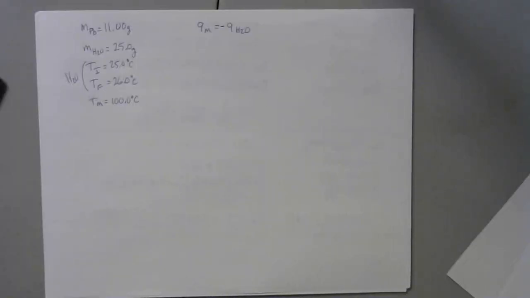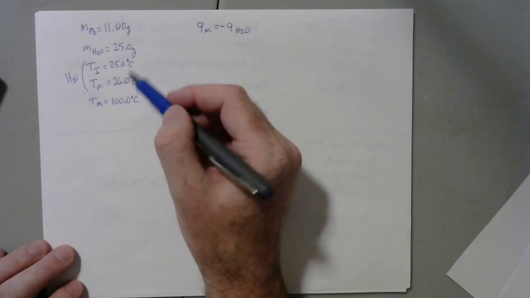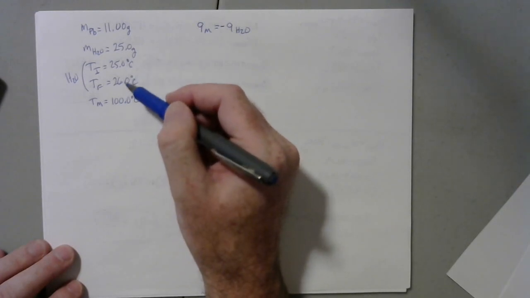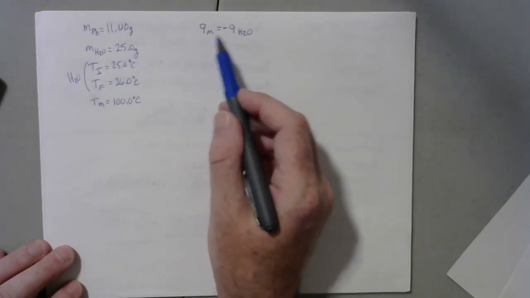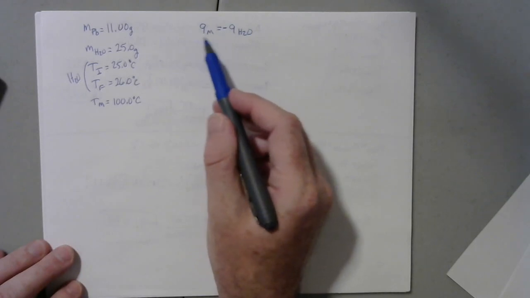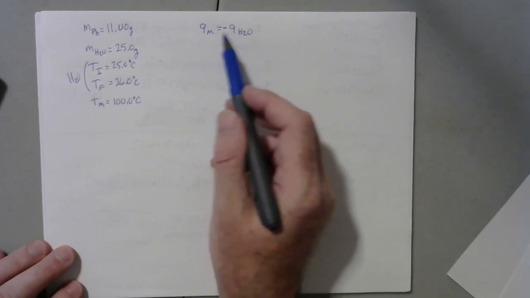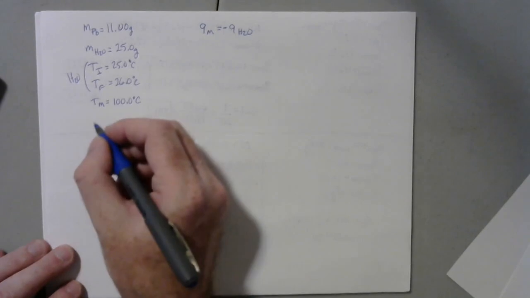All right, so let's look at our problem. We can see that we've got the mass of lead metal, mass of water, change in temperature for the water, and then the metal will go from this to this. And what we're going to base this on is that the heat lost by the metal is equal to the heat gained by water, but they're in opposite directions, so you'll get a negative sign in the formula.